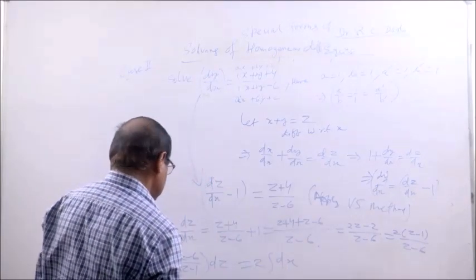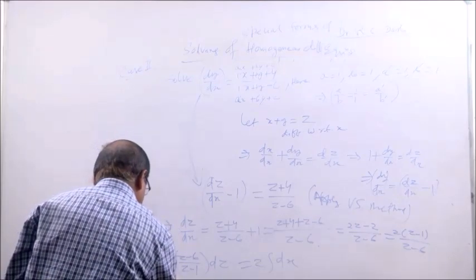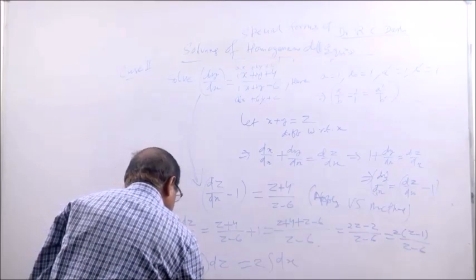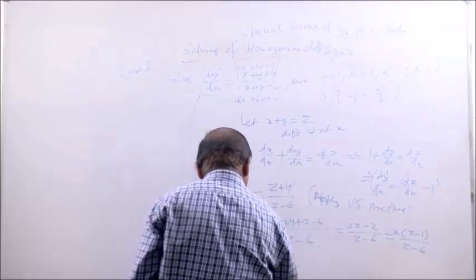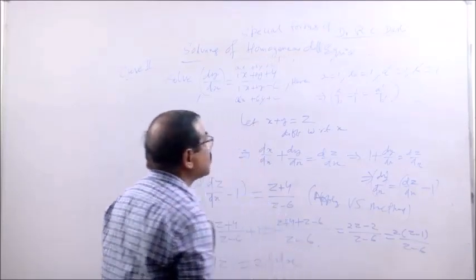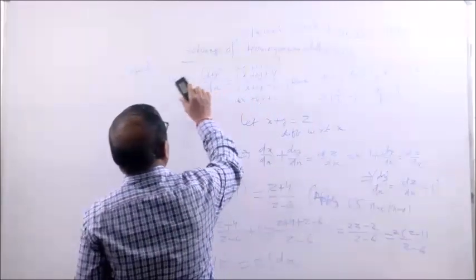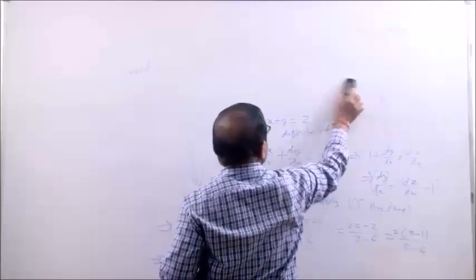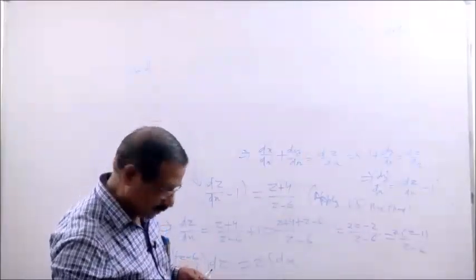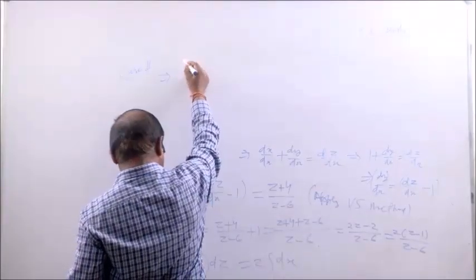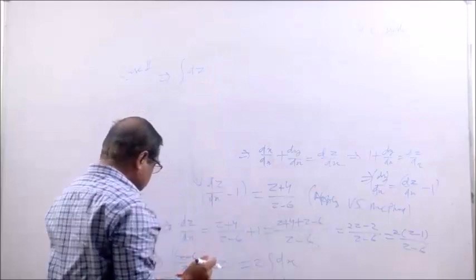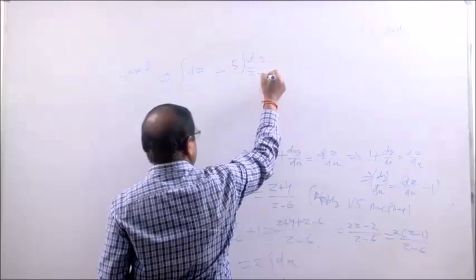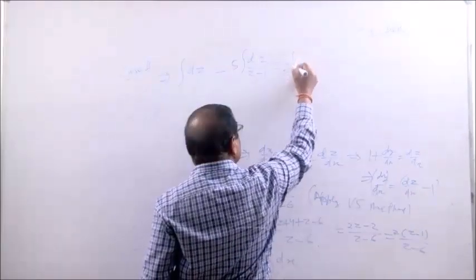You can integrate this. So this is (z minus 1 minus 5)/(z minus 1) dz is equal to 2 integral dx. So ultimately this implies integral of dz minus 5 integral of dz by (z minus 1) is equal to 2 integral dx.